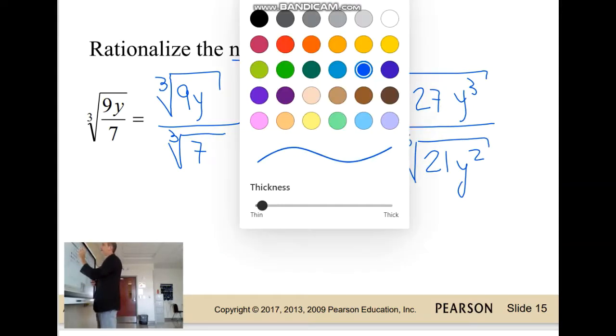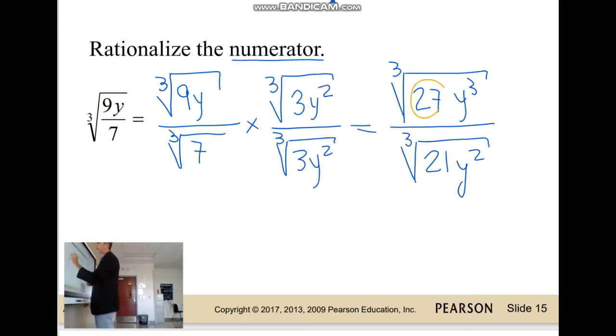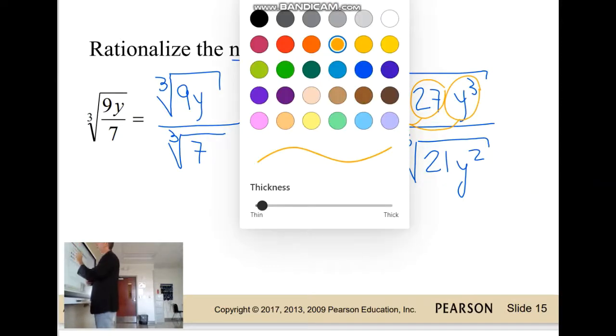On the numerator, we're going to be able to take this off the radical, right? Because 27 is 3 cubed, and we're going to be able to take this off the radical as well, because this is going to be y cubed. The cube root of y cubed is just y.